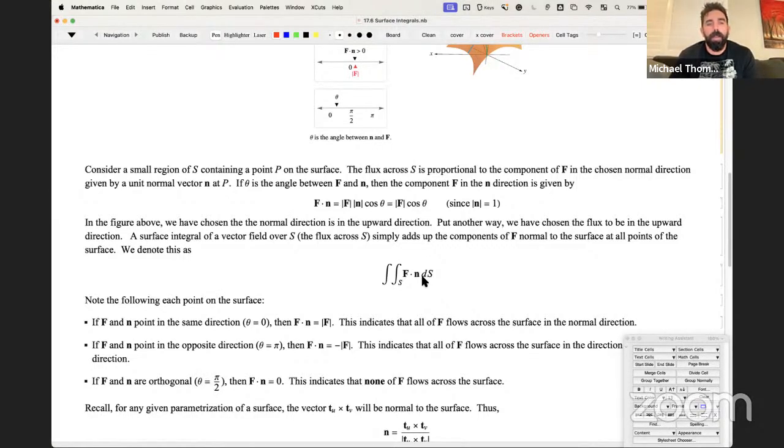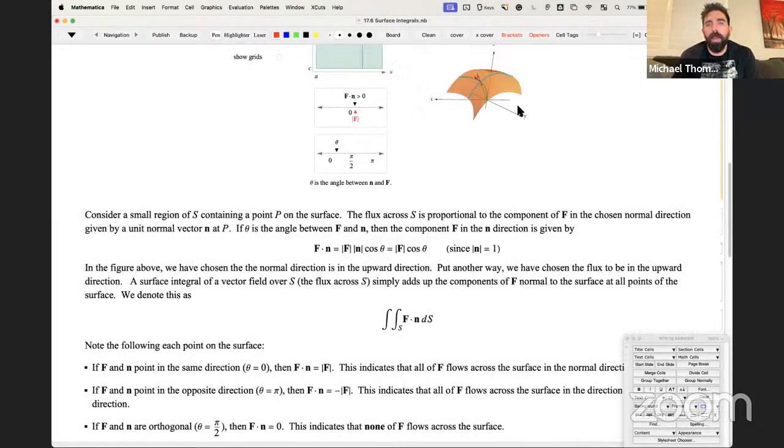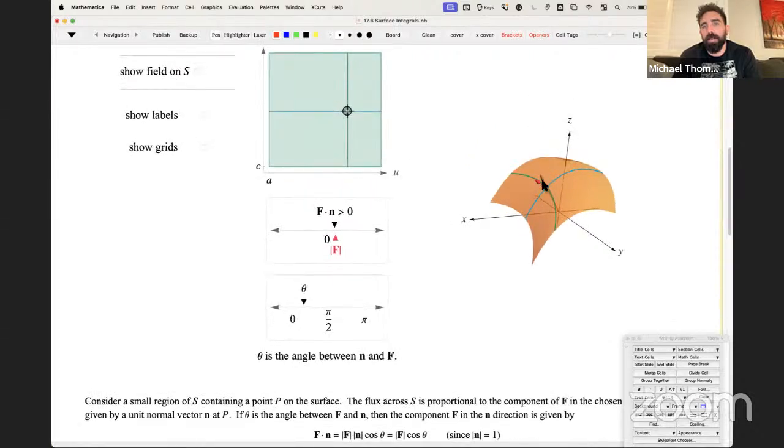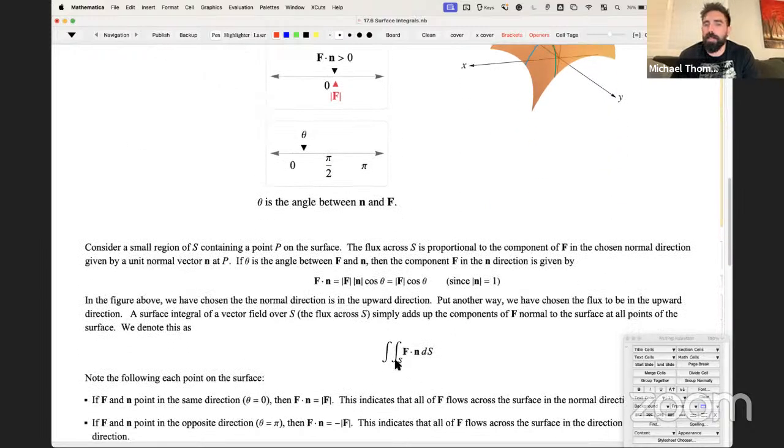Okay. So once again, if you think about the different situations you could have here with the brown vector and the red vector, the angle can be between 0 and 180 degrees, or 0 and pi, right? So you might want to first ask yourself, well, what angles would have positive contribution to the flux, what angles would have negative contributions to the flux, and what angles would have no contribution?